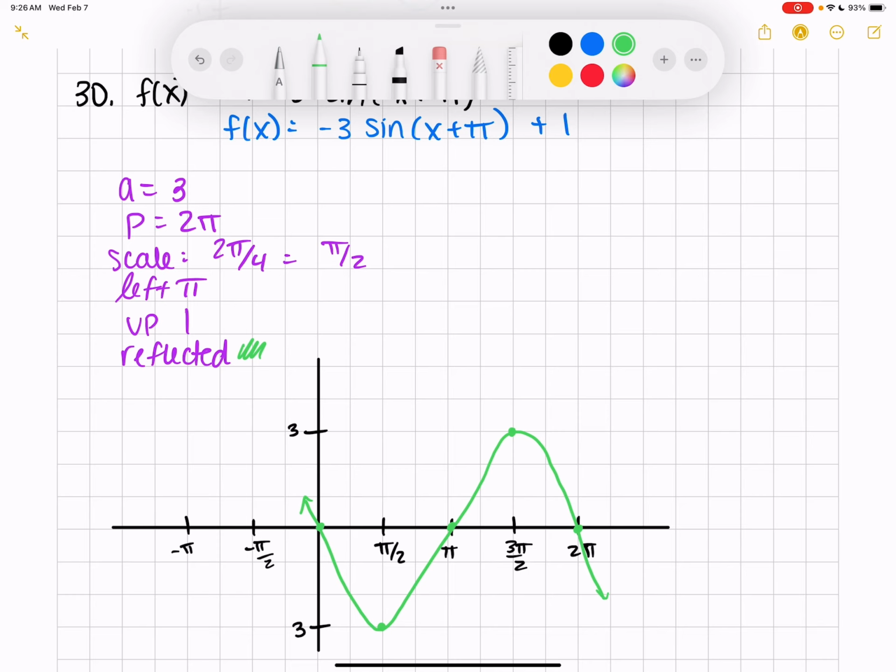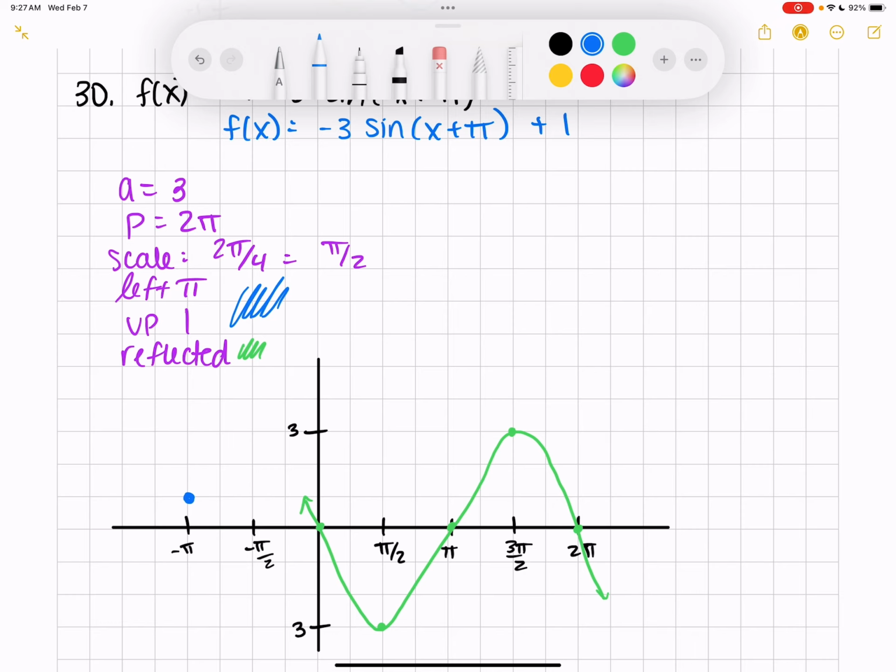Now, do y'all want me to do the next 2 things in 2 separate graphs, or do you want to see it done in one? One, okay. So, in blue, I'm going to do the final graph of all of this together. I'm going to take each point, shift it left pi, and then up 1. So this first point, it's going left pi, up 1, so it's now here.